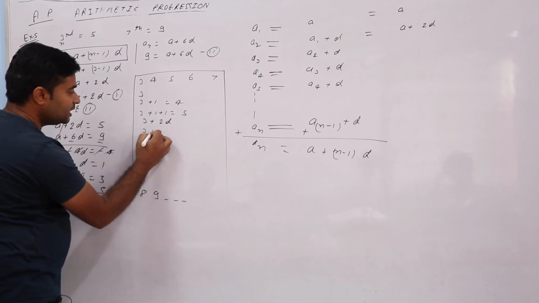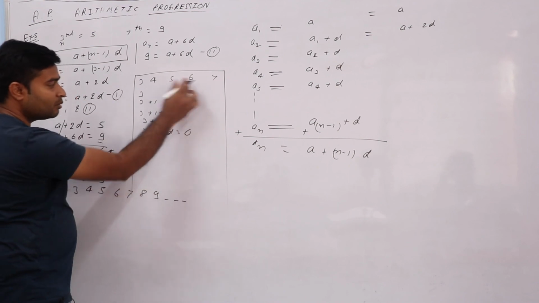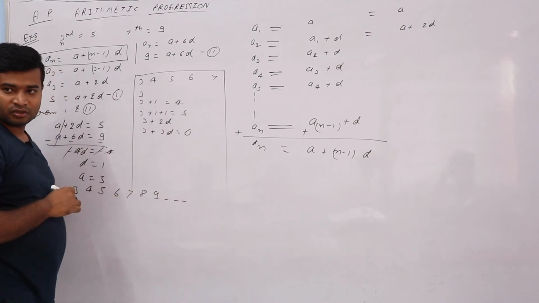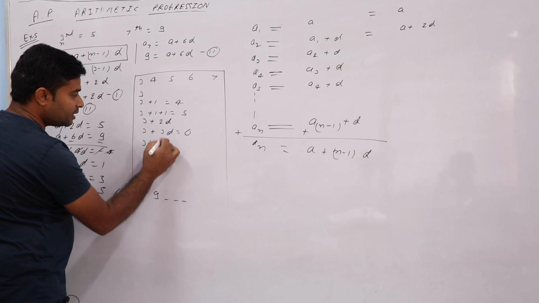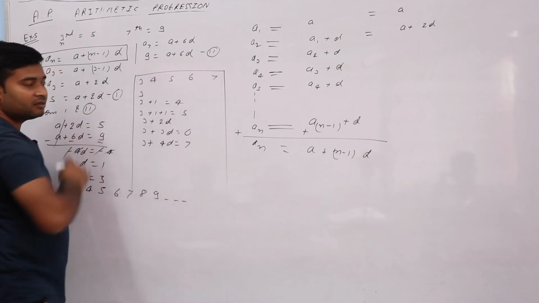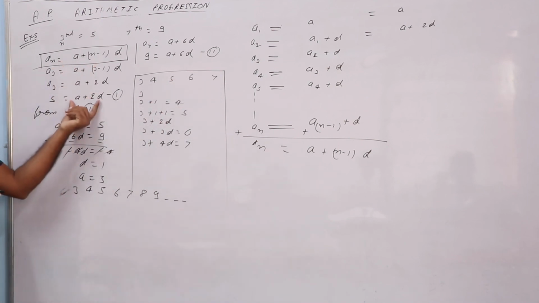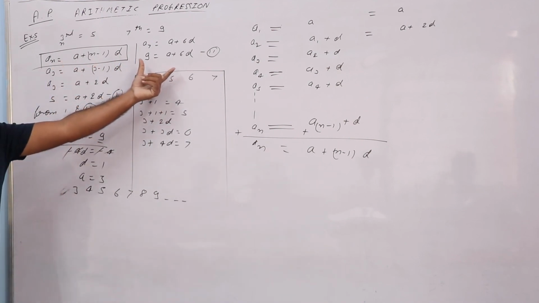Acha, next term 3 plus 3d, so 3 into 1 is 3, equal to 6, came or not? Next term 3 plus 4d, equal to 7, came or not? And this thing only I told, a plus 2d, a plus 3d, a plus 4d.